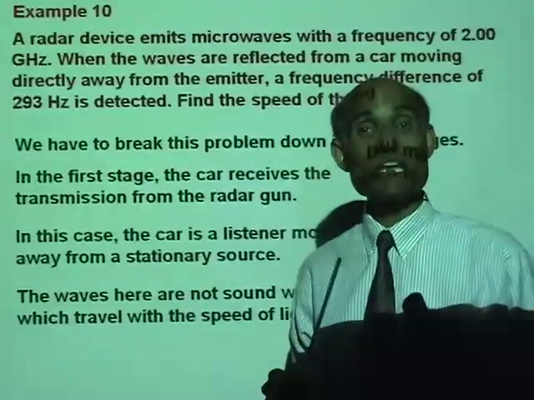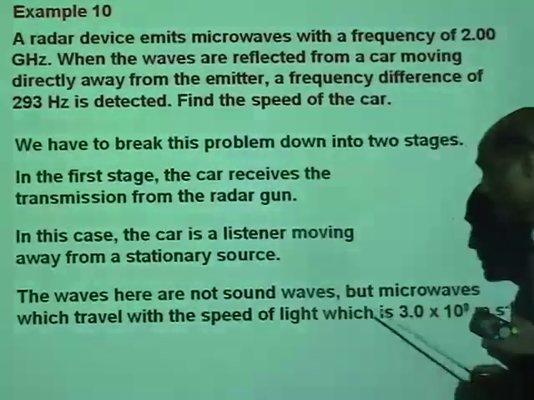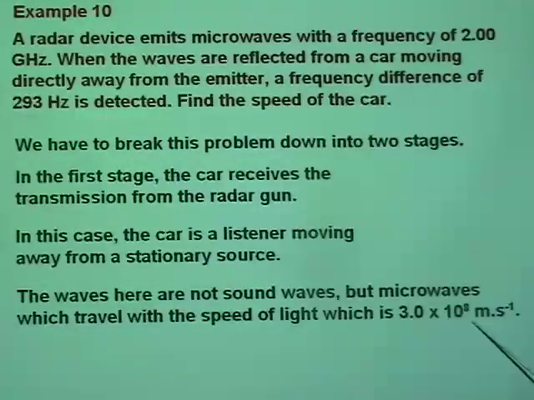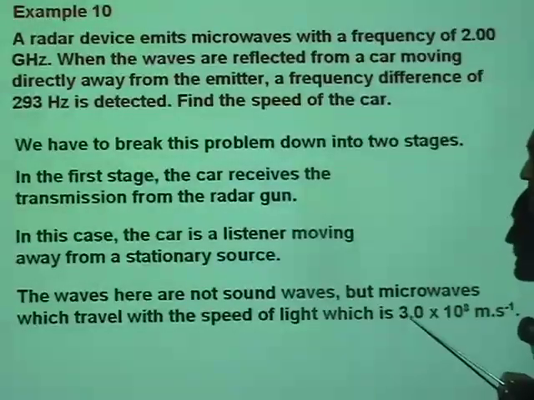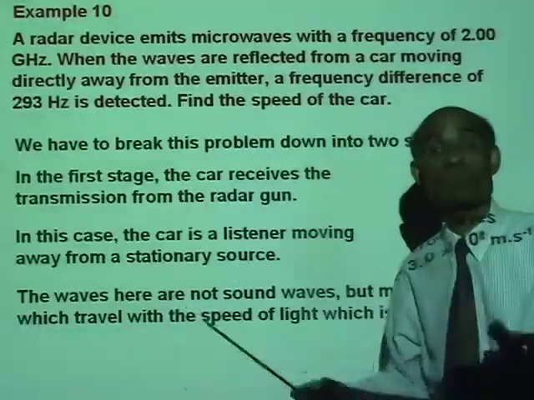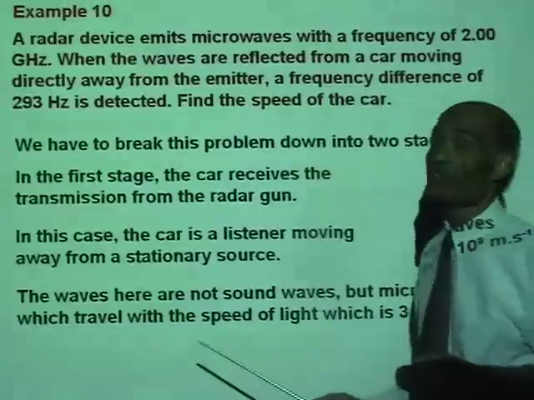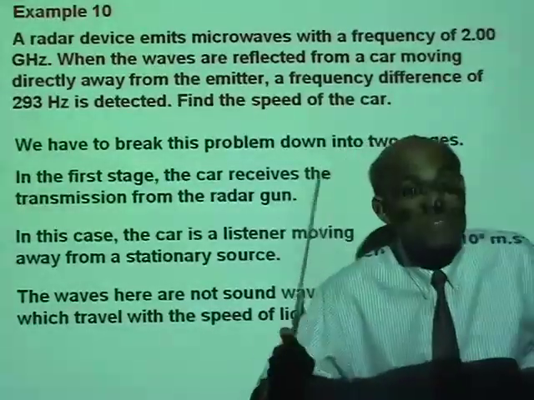Now, what is the speed of light or electromagnetic waves? The speed of electromagnetic waves is 3 times 10 to the 8 meter per second. So here, this is the speed of light, which is the same as the speed of microwaves. Now what are we looking for? We are looking for the speed of the source.